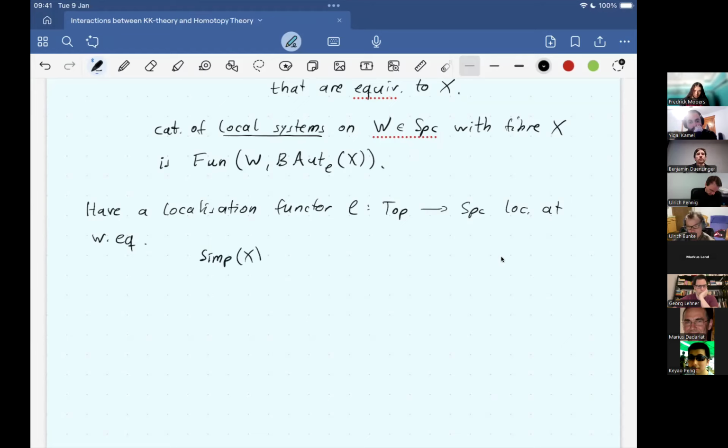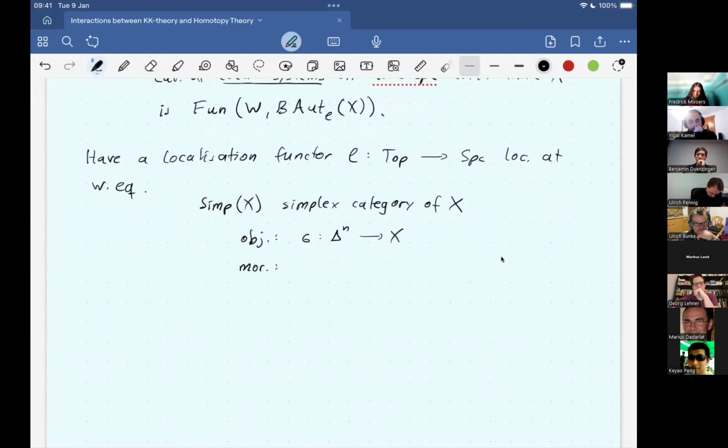So I have the simplex category of X, which has as its objects all of the simplices in X, and as the morphisms, I have maps in the simplex category delta such that this diagram commutes.